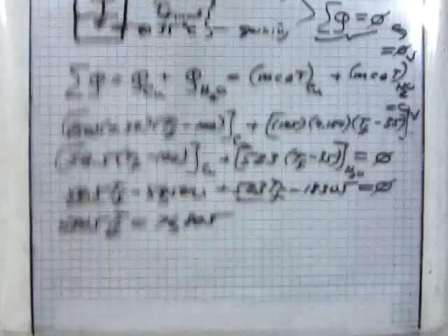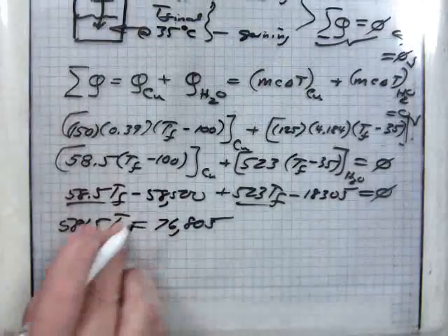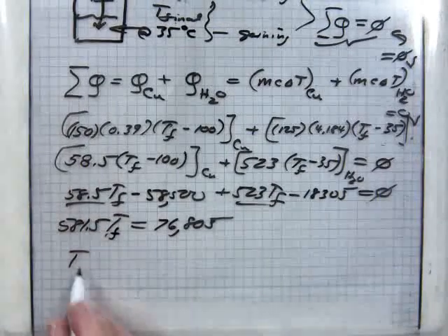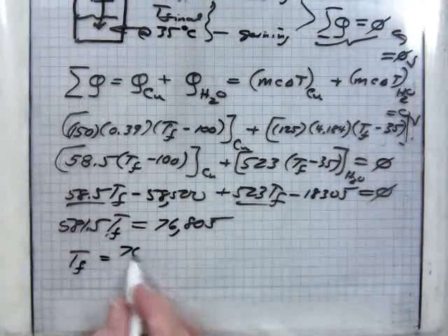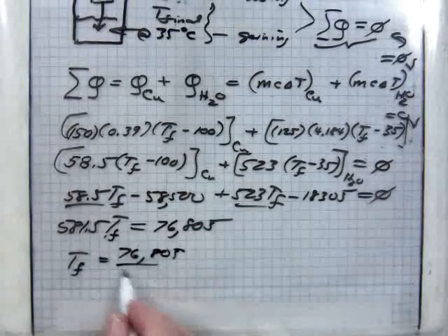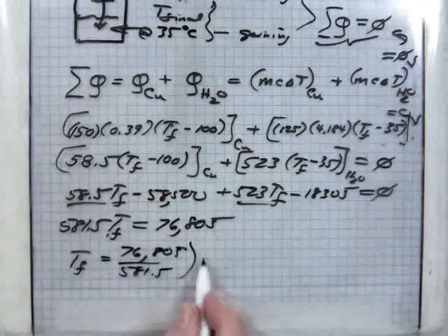And so now your T final is equal to 24,155 over 581.5, and it's going to come out in degrees C.